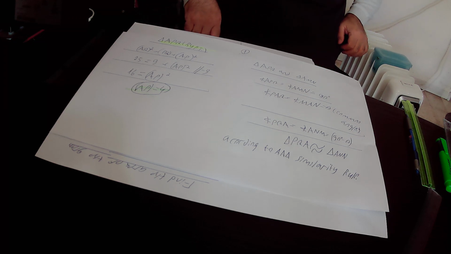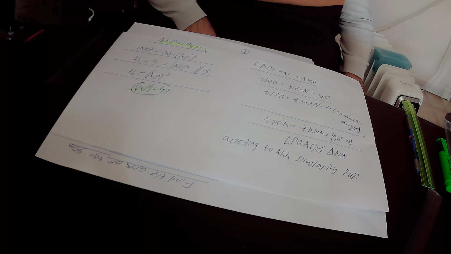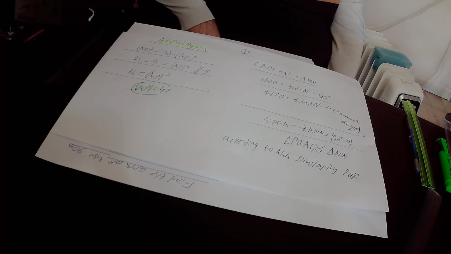What is the angle similarity rule? It means that if three angles in one triangle are correspondingly equal to three angles in another triangle, then the two triangles are similar to each other.